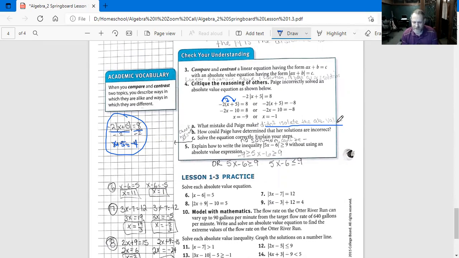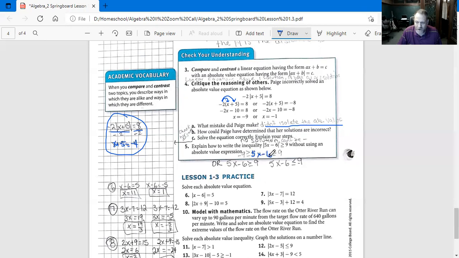So explain, number 5, explain how to write the inequality of 5 absolute value 5x minus 6 is greater than or equal to 9. So just like we did before, we took this out of the equation here and wrote 5x minus 6.